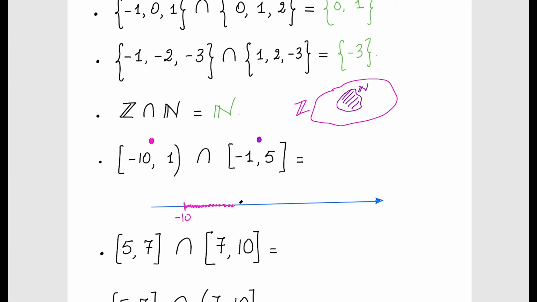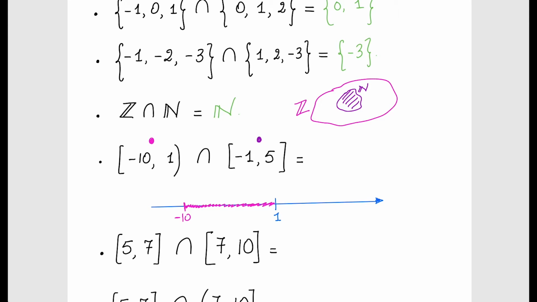All the way to 1. But 1 is excluded. Remember the open bracket? The parenthesis means that 1 is not part of the set. So 1 is gonna be just blue. Right? 1 is blue. So this pink, in this collection is the collection of all the pink guys.